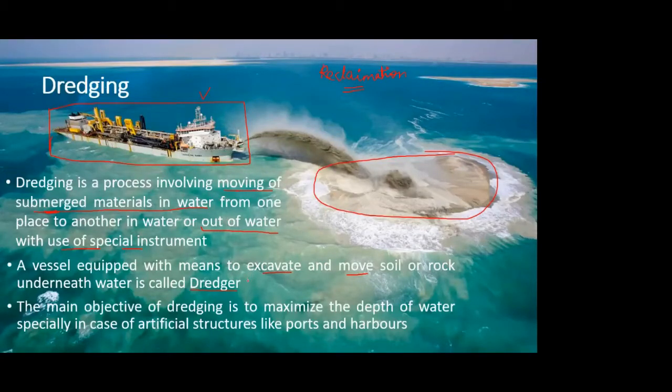And again, the objective of dredging, if I have to write it down, is to maximize the depth of water. So dredging is not only used if you have to reclaim land or prepare an artificial piece of land, but also if you have to increase the depth of water. A good example is Ganesh Talav, the lake which is near our college.